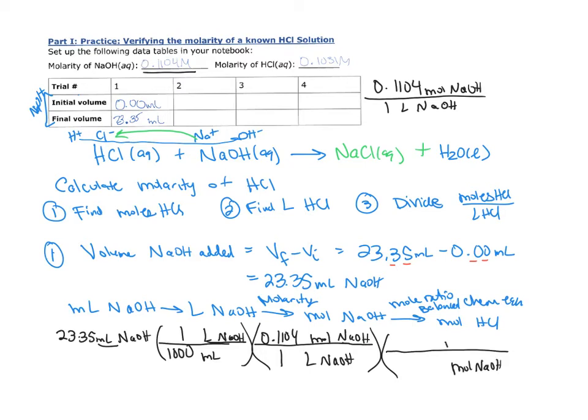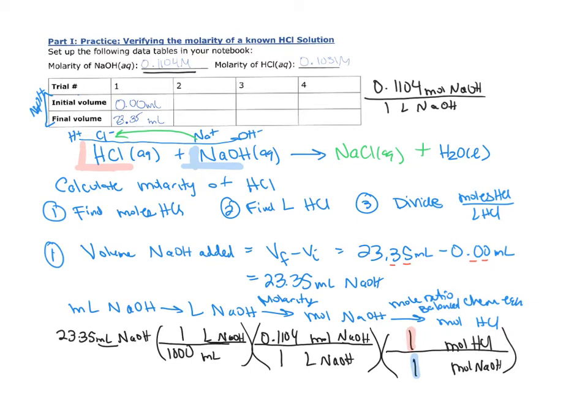I want to get to moles of HCl, so that goes upstairs. And now we need to use our mole ratio from the balanced chemical equation. Looking at my balanced chemical equation, there's no number in front of HCl, so that's a 1. NaOH, also no number, that's a 1 as well. So we have for every 1 mole of NaOH, I have 1 mole of HCl.